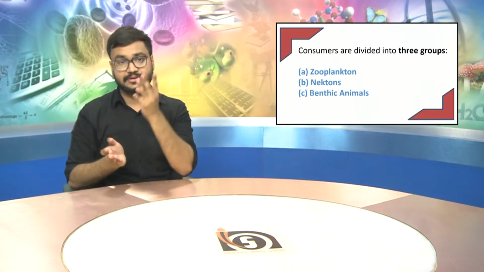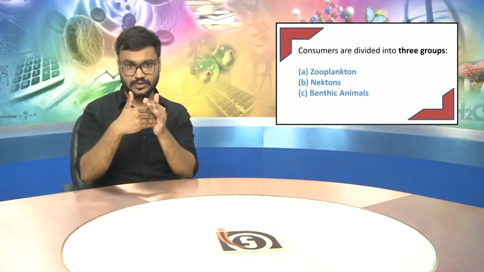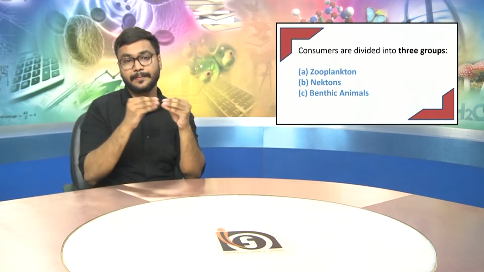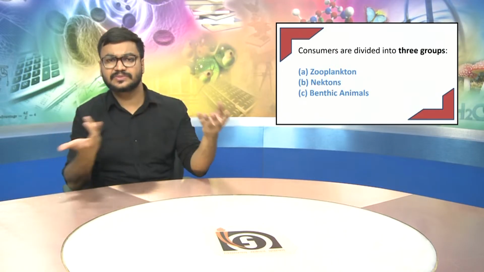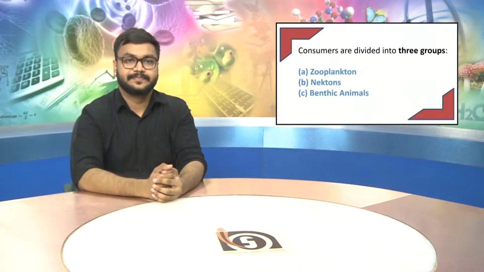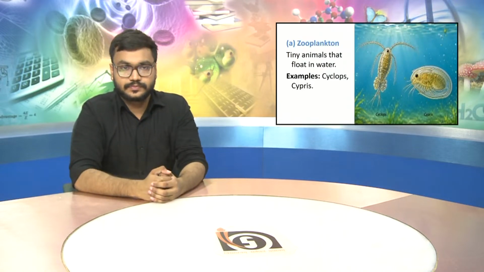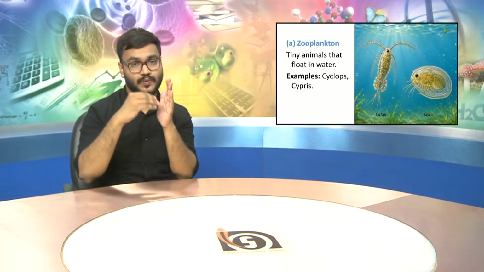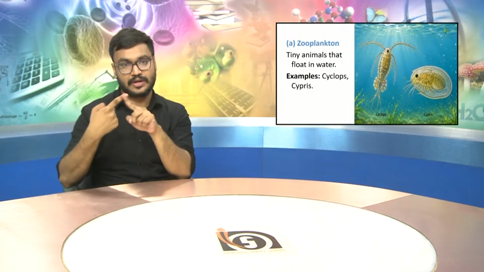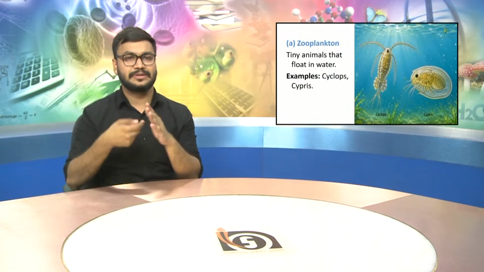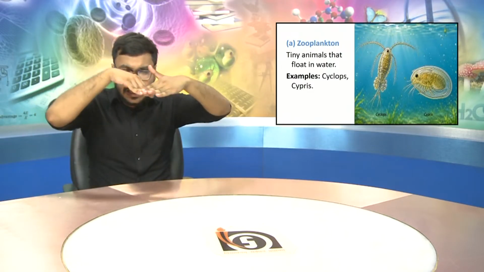Consumers are divided into three groups: zooplankton, nektons, benthic animals. First is zooplankton. They are tiny animals that float in water.